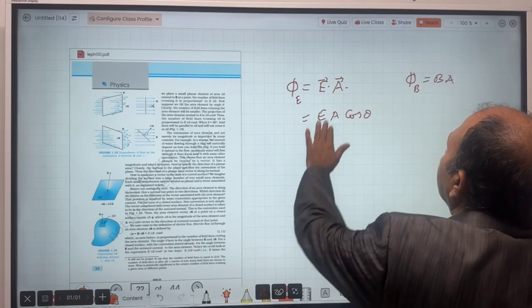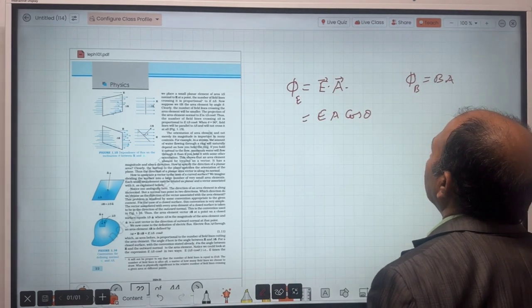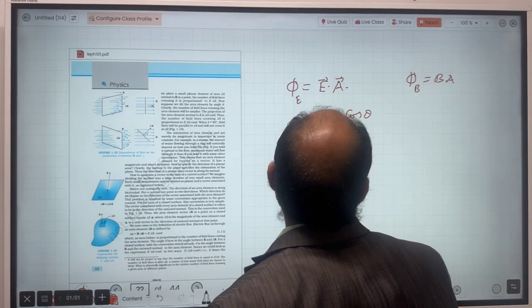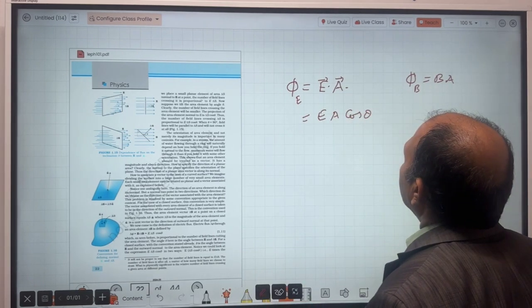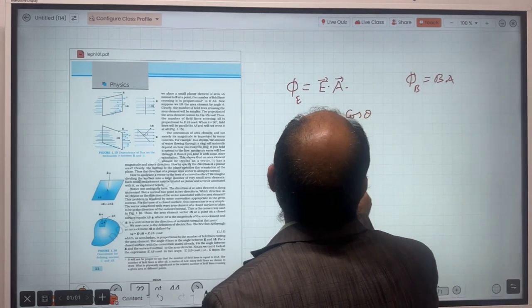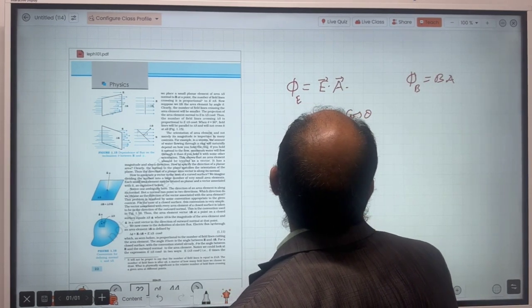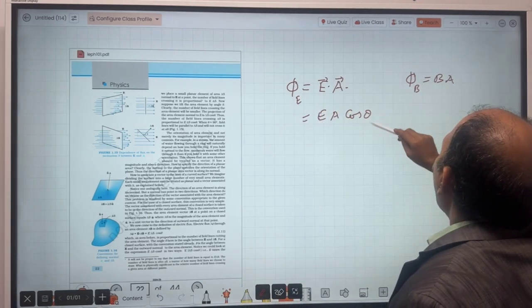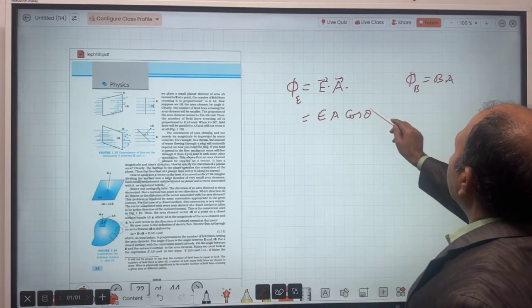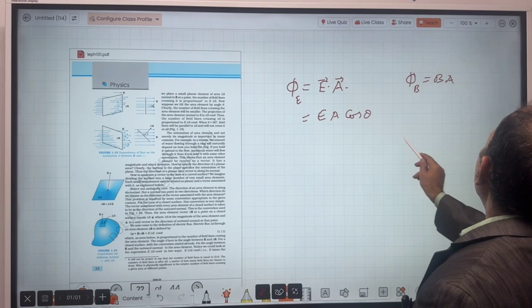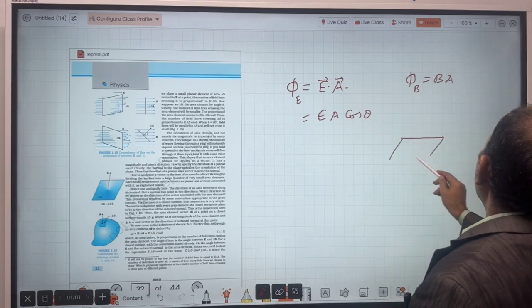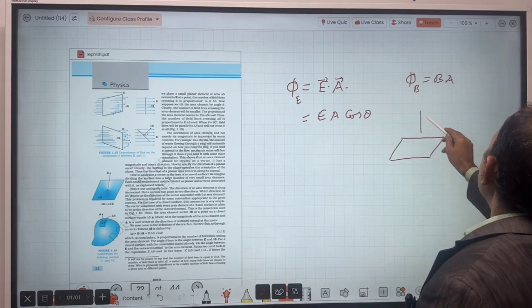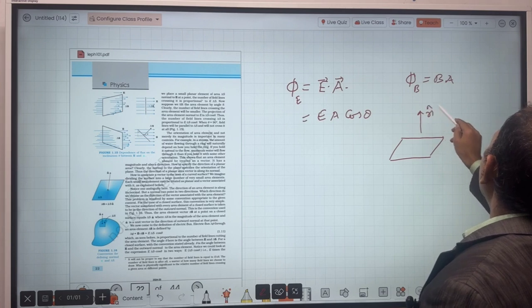And if theta is equal to 0 degree, meaning the electric field and the direction of the area vector are the same, then what does theta 0 degree mean? This is the area, and the area vector is in this direction, n cap.